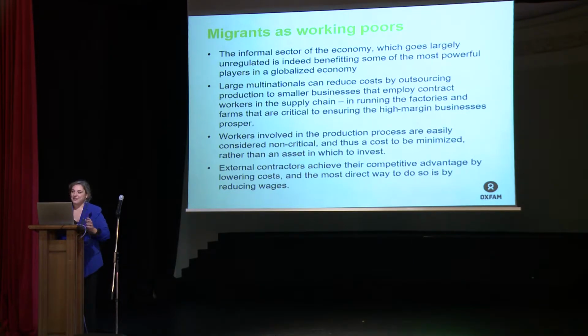But why the rise of this informal economy, of this temporary and precarious work? It is not just a question of welfare states being reduced in many societies, or workers' rights not being protected in many societies. It is also related to the fact that these forms of temporary, precarious work are benefiting some of the most powerful players in our globalized economy.